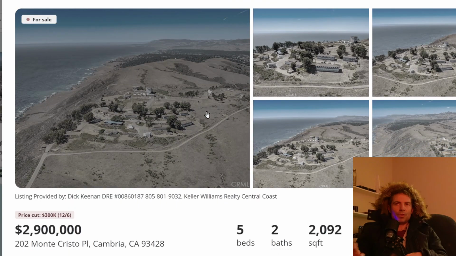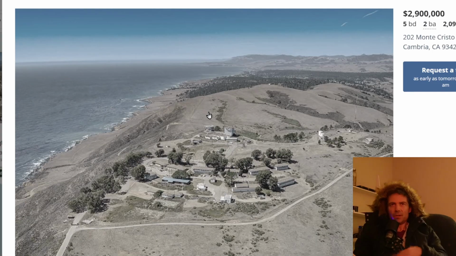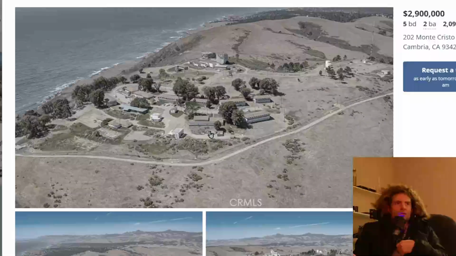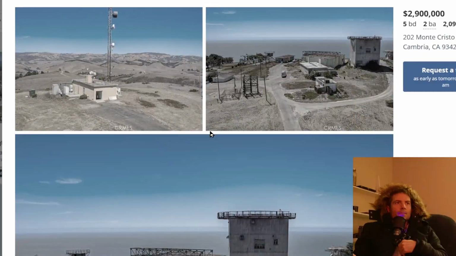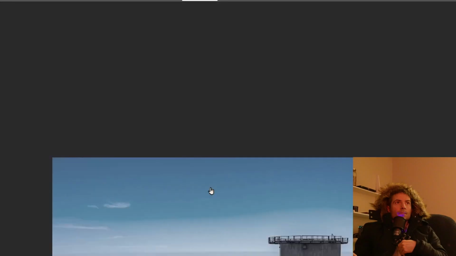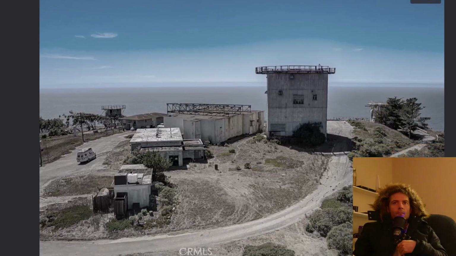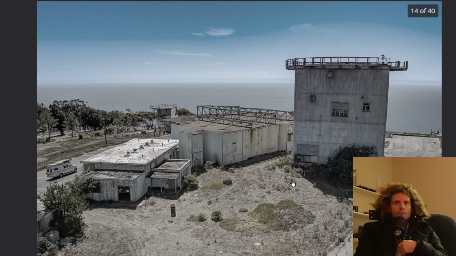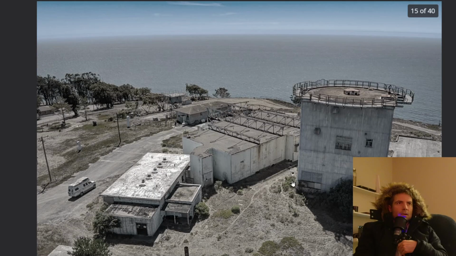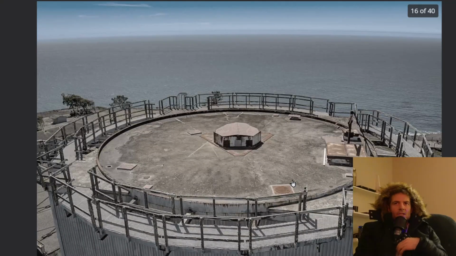What can you really do that wouldn't be weird with a large group of people here? Like some kind of business, some kind of, like, this is what rehab should be.